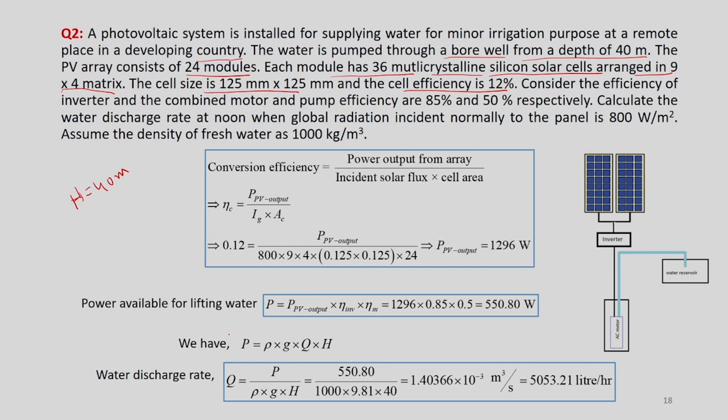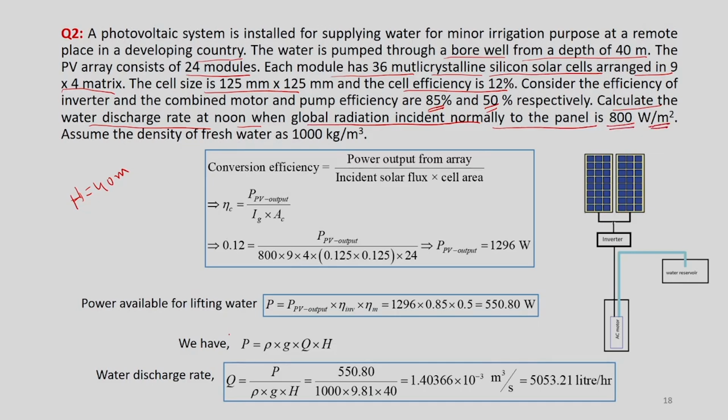The inverter efficiency and the motor and pump efficiency, which is submerged under water, are given as 85% and 50% respectively. Now, we need to calculate the water discharge rate at noon when global radiation incident normally to the panel is 800 watt per meter square.